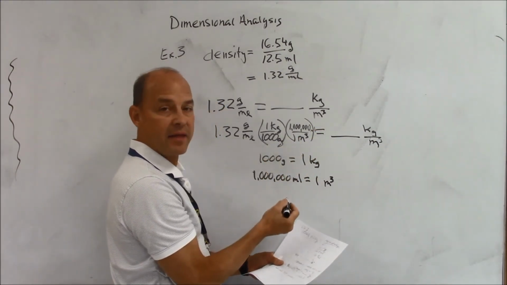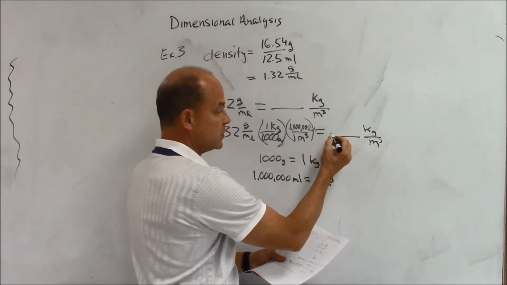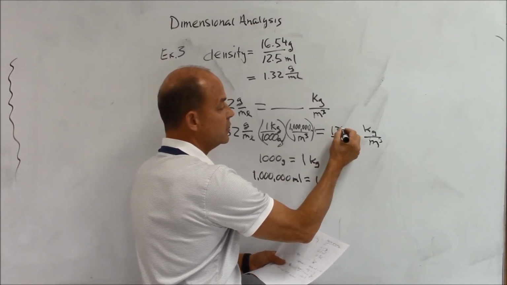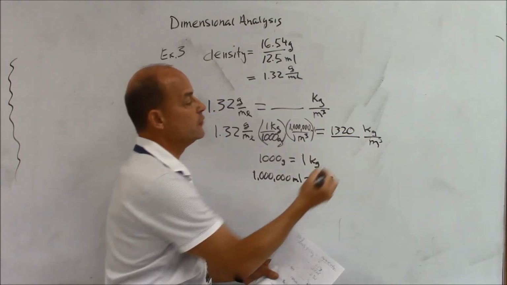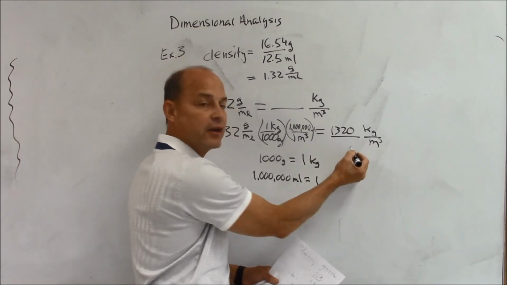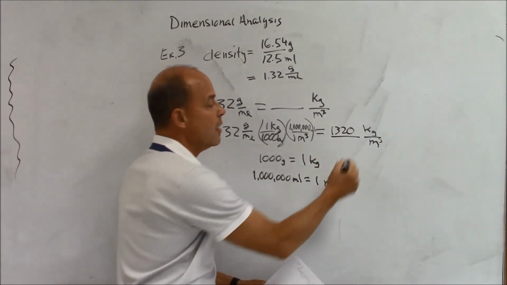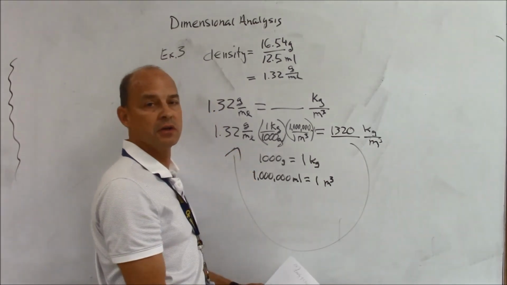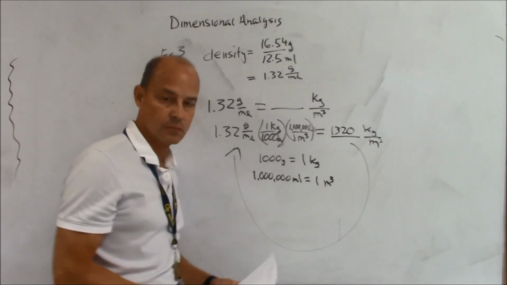If you did the math, you would find out that the answer is 1,320 kilograms per meter cubed. So if you looked up on the internet and you found a value for clay as 1,320 kilograms per meter cubed, my gosh, that would be identical to what your clay density would be.